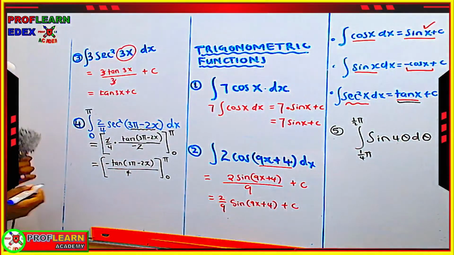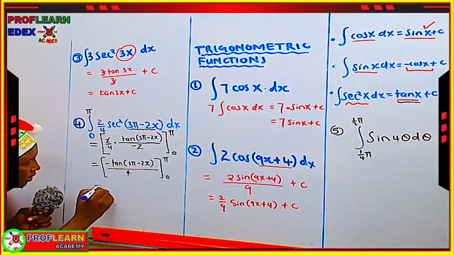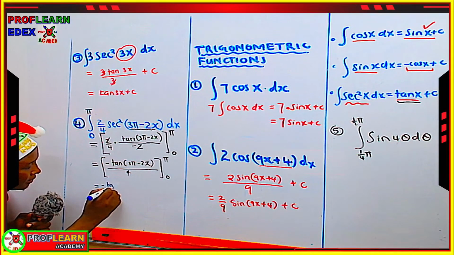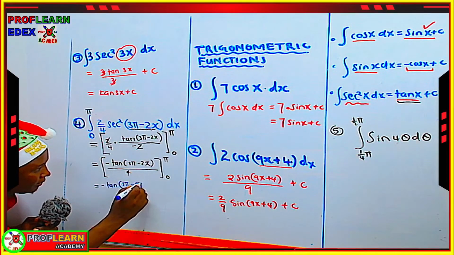So the first part, we're going to substitute pi, because we have x here. So it's going to be minus tan of 3 pi minus 2 pi.